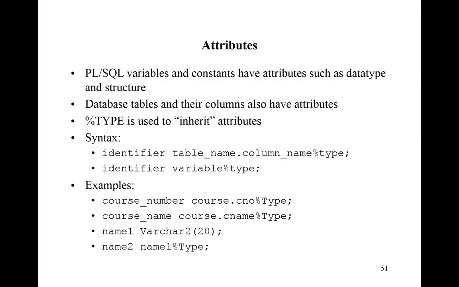A very nice feature of PL/SQL is the ability to have the system assign the actual data type for a variable rather than explicitly code this data type. This is based on the fact that PL/SQL variables and constants have attributes such as data type and structure. Database tables and the columns within these tables also have attributes. We can code %type to specify that we wish to inherit the attributes of something else.